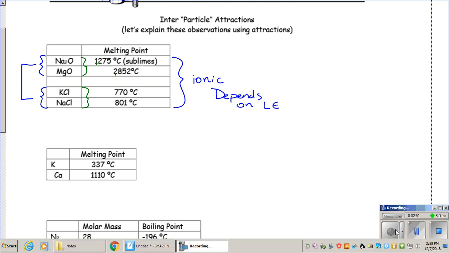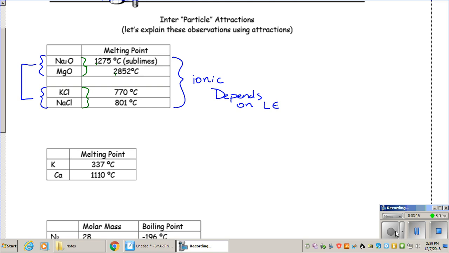Okay, so I hope you've come back after thinking. So clearly what we see here is that potassium chloride and sodium chloride have much lower melting points than sodium oxide and magnesium oxide, and that is because the charge product is less. We have a charge product on those compounds of 1, whereas the sodium oxide and magnesium oxide have a charge product greater than 1.